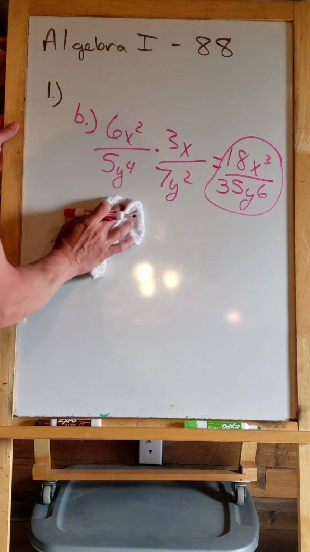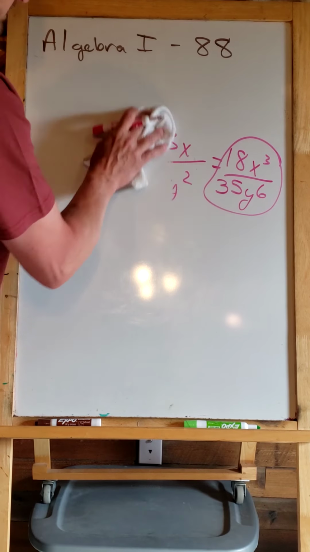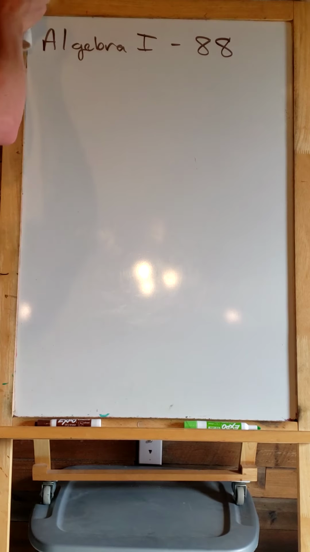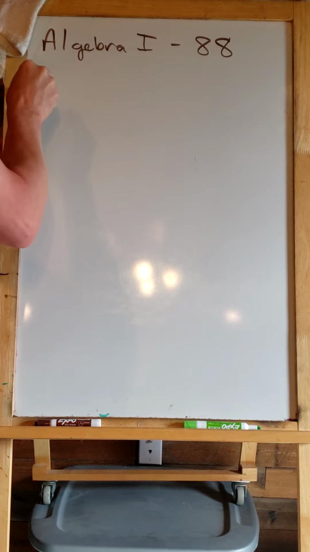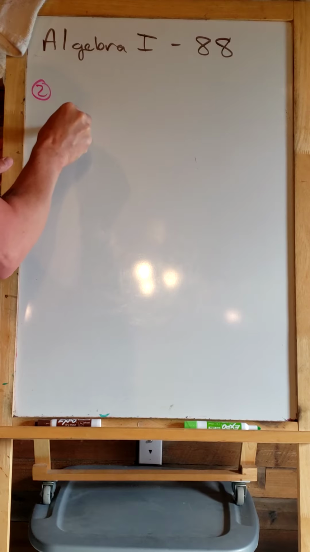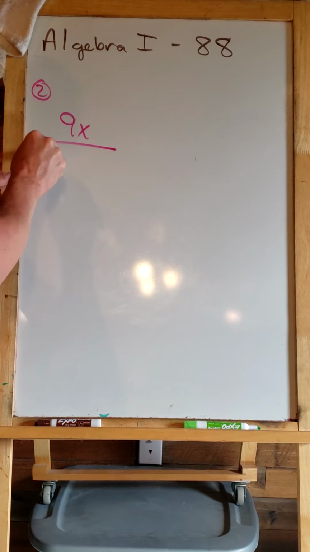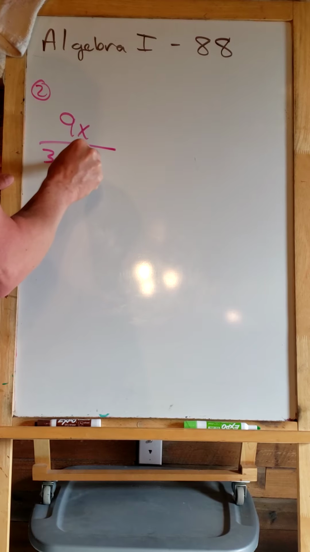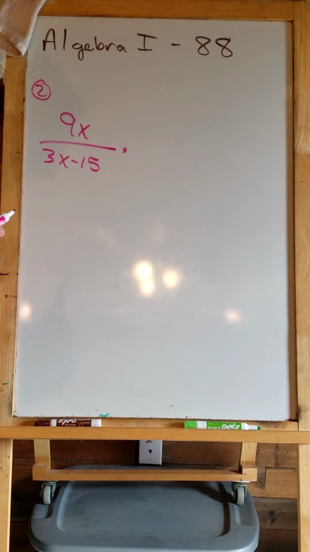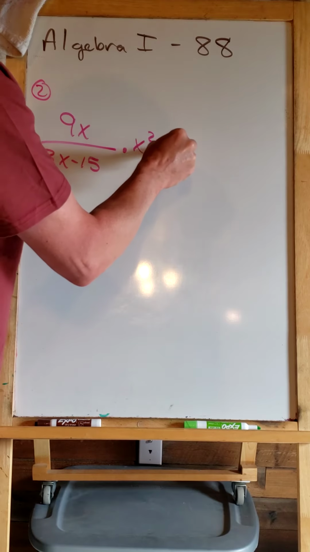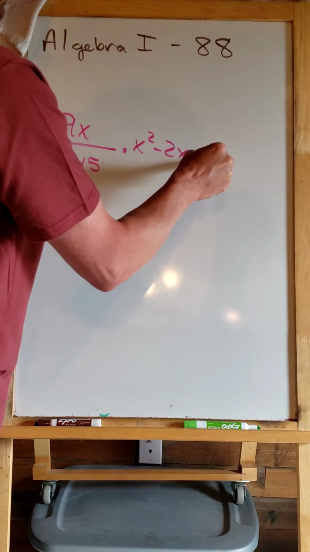Okay? All right. Example 2. This one's a little bit trickier. We have, says multiply 9x over 3x minus 15 times x squared minus 2x minus 15.